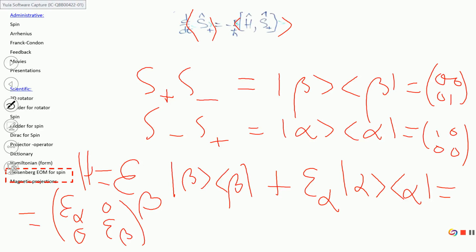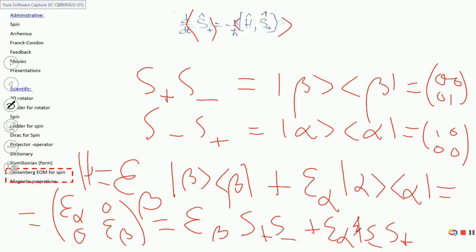And in terms of operators, it will be E beta S plus S minus plus E alpha S minus S plus. So by placing the energies of states in front of the projector operators, one gets the Hamiltonian.